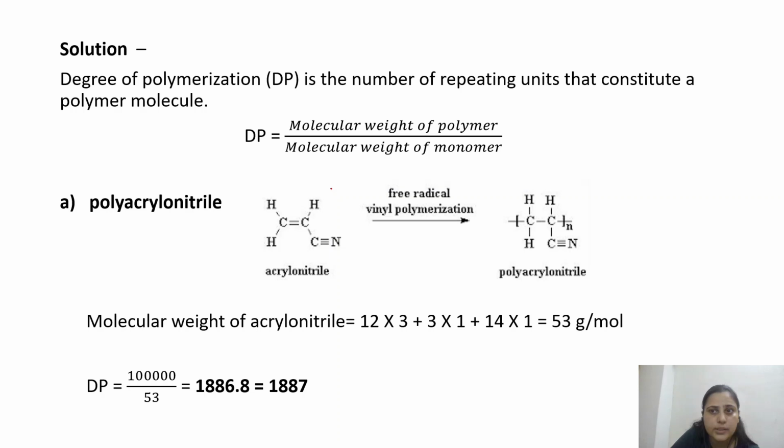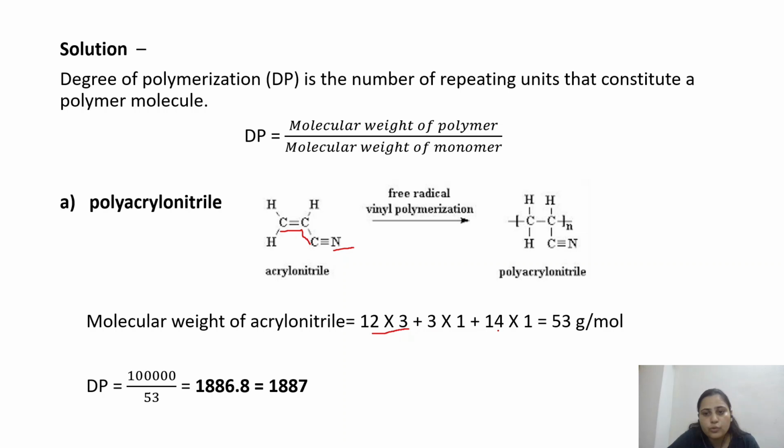We can see from the figure that there are 3 carbon atoms. So 12 is the molar mass, multiplied by 3 carbon atoms, is the contribution of carbon in the total molecular weight. Then nitrogen is 1, so 14 into 1, and hydrogen are 1, 2 and 3, so 3 into 1.